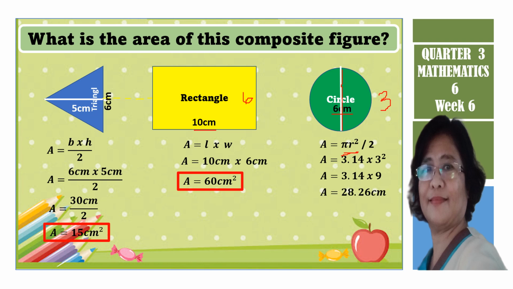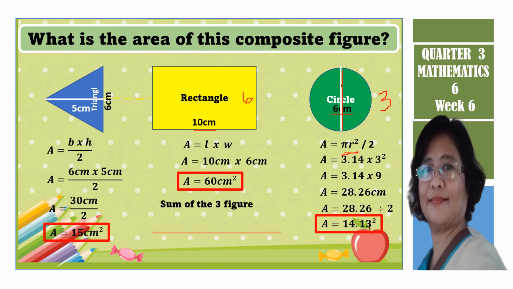And then the answer will be 28.26 square centimeters. And we are not done yet because we are going to divide it by 2 because we need only half of the circle. So area is equals to 28.26 divided by 2. The area of the circle will be 14.13 square centimeter.